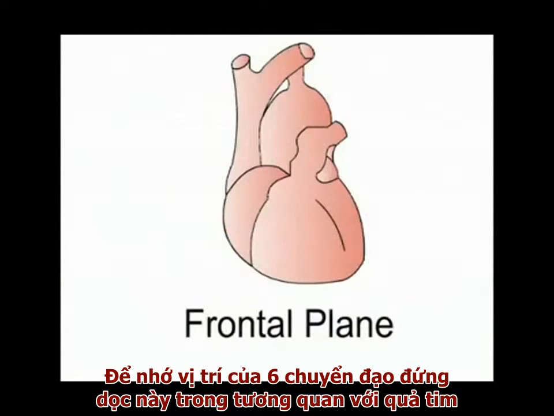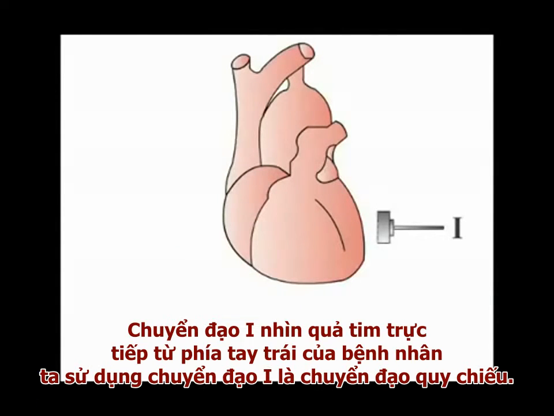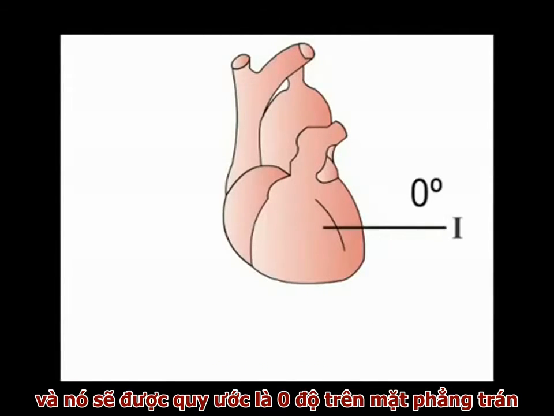To remember the position of all 6 of the vertical leads relative to the heart, use lead 1 as your reference point. Lead 1 looks directly at the heart from the patient's left-hand side and defines 0 degrees in all further discussions of the frontal leads.